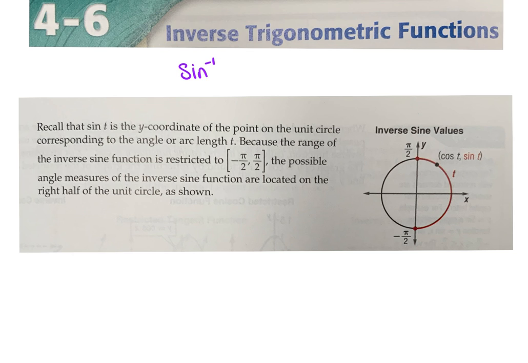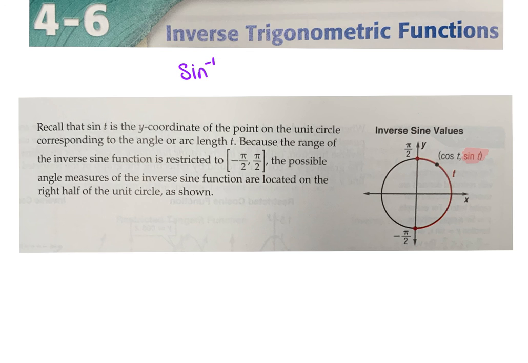So recall that sine is the y coordinate corresponding to the arc length. For sine, when you're doing inverse trig functions, you're only going to consider the first and fourth quadrants.